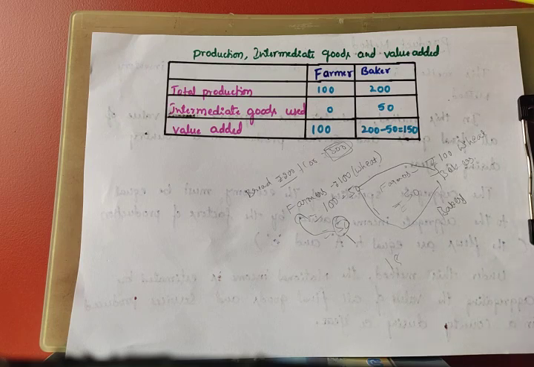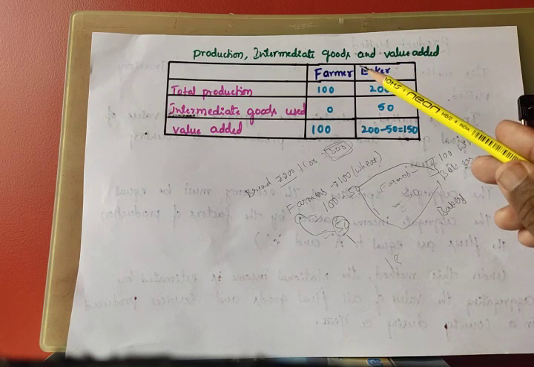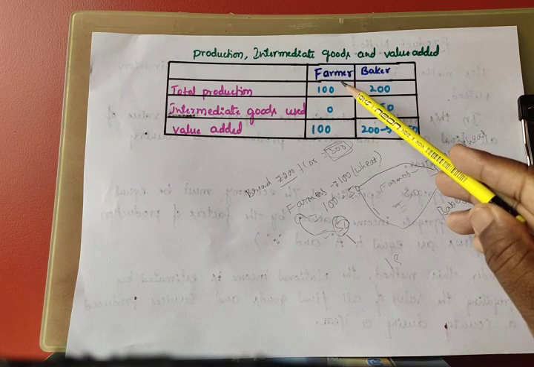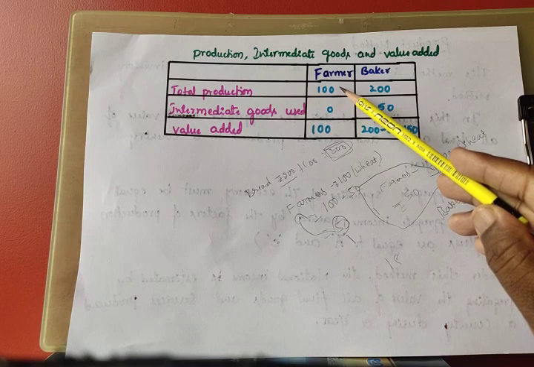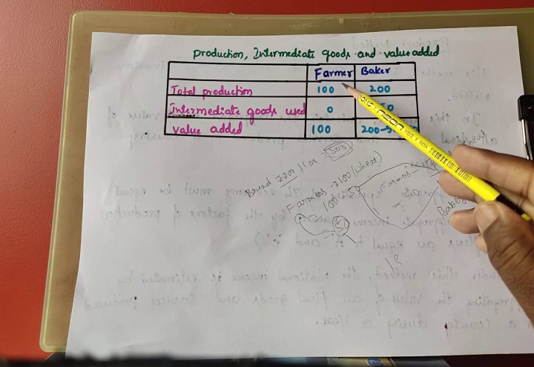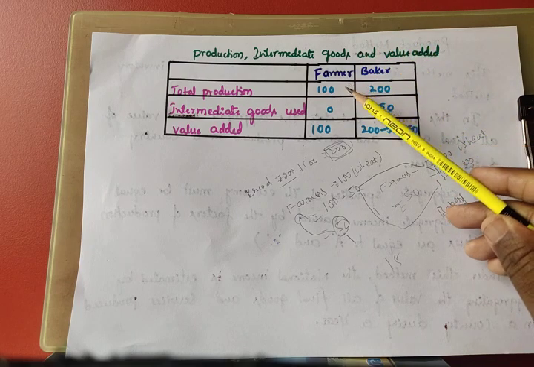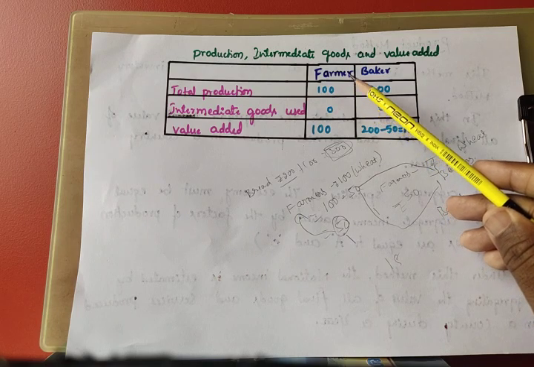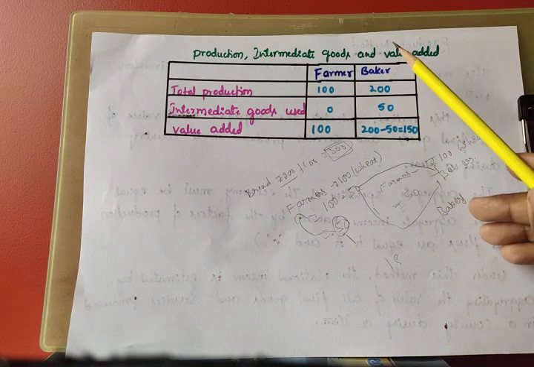Once again I will explain this table. Just observe properly. Here the farmers' product, that is wheat, worth rupees 100, without using any raw materials or inputs. Out of this they are selling wheat worth rupees 50 to the bakers.